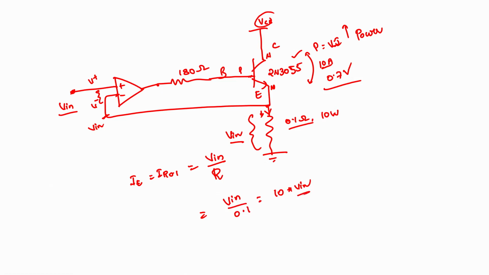Now, what range of Vin do we have to use? That is also very much important. If you understand the collector current in this case, the emitter current entirely depends upon the input voltage with a gain of 10.